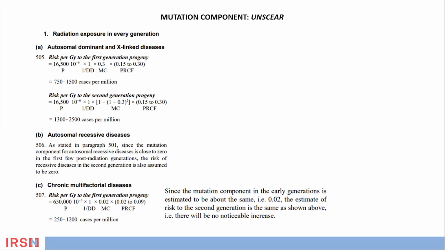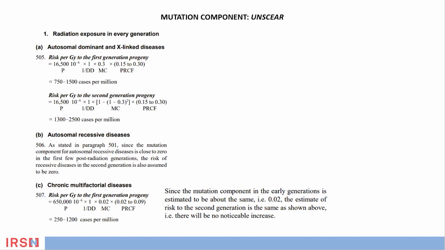And here you can see how radiation exposure is calculated in every generation. They use the baseline frequency, the mutation component, for example 0.3, the doubling dose 1, the mutation component, and the PRSF from 0.15 to 0.30.